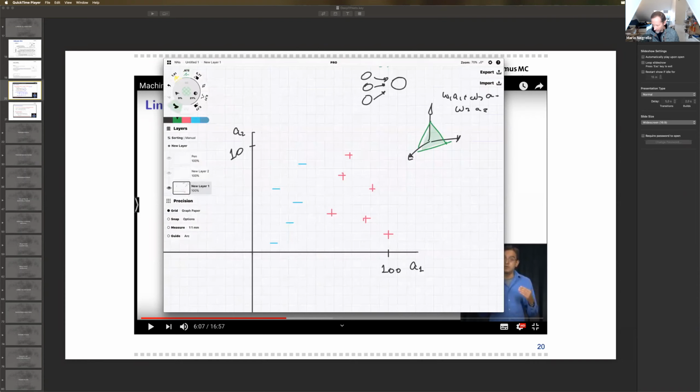And then you could separate pluses and minuses in the 3D space, right?